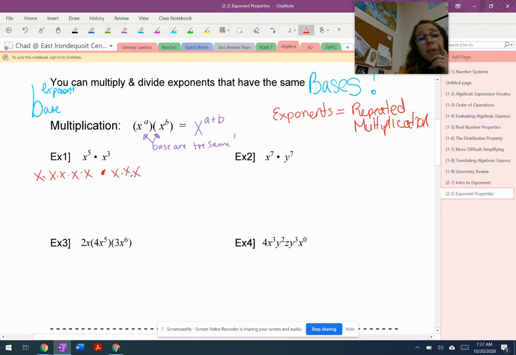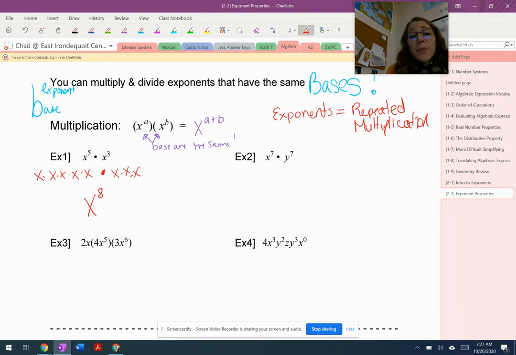If I count up all those x's, the 5 plus the 3, just like it tells me to do in that multiplication rule, that a plus b, 5 plus 3, would leave me with an x to the 8th. Now in example 2 here, I have x to the 7th times y to the 7th. That cannot actually be simplified at all because the bases are not the same.